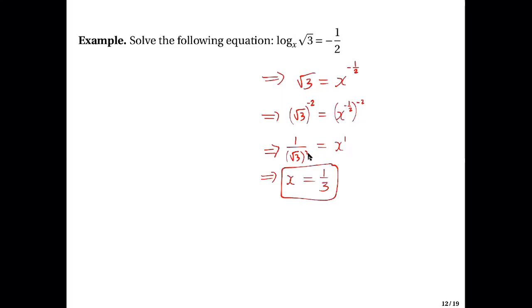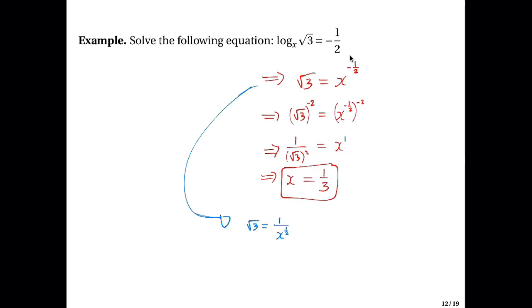Okay? So this is one way to do it. Some students will do this, and this is totally fine. So for example, you have now square root of 3 equals 1 over x raised to 1 half.